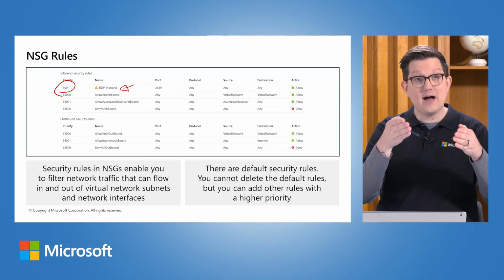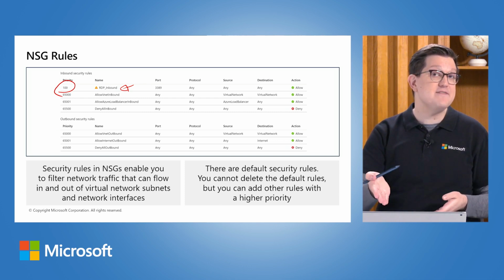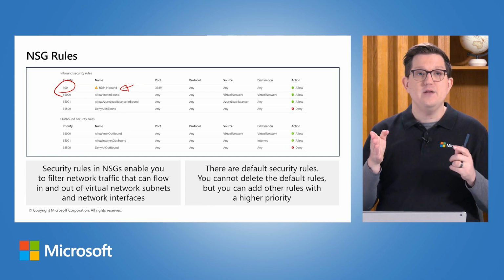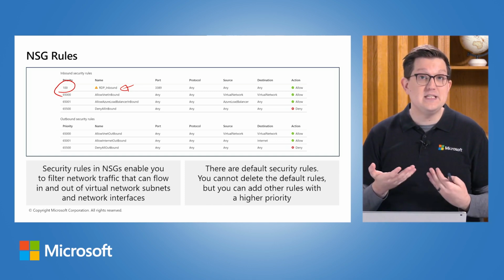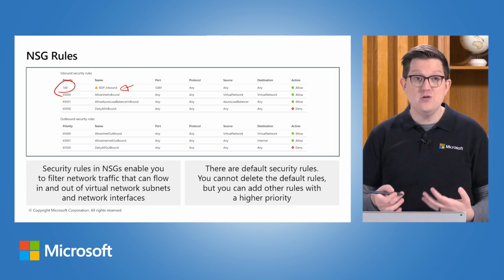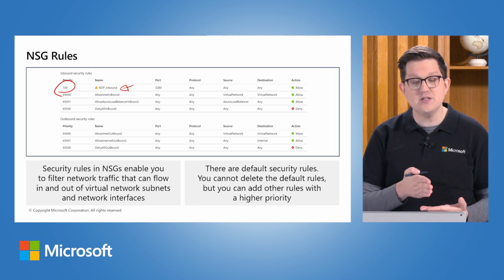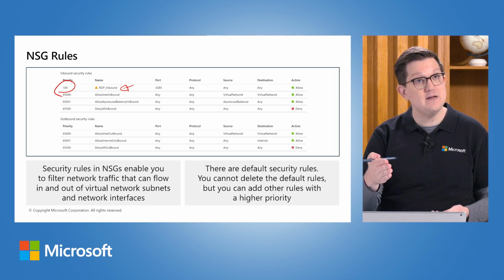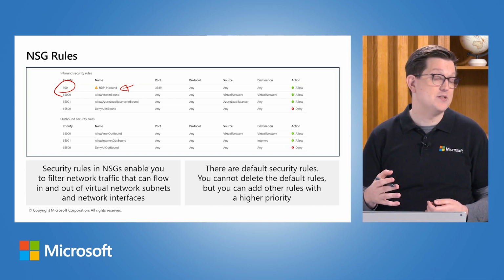But do note that there are a range of different rules available here which are in the 65,000 range. These are extremely low priority rules that create a default posture for you. This is one of the reasons that NSGs get used so extensively, even in large architectures, because we have guaranteed control that on an inbound connection, virtual network traffic is allowed, load balancer traffic is allowed.